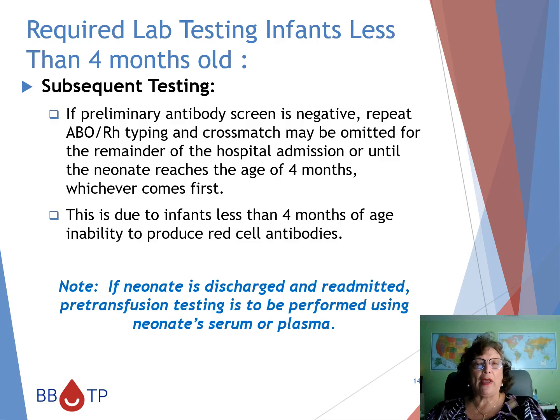And this is due to the fact that infants at 4 months of age or less have the inability to produce red cell antibodies. Now, one point to consider is if a neonate is discharged within the 4-month period, then when they are readmitted, you have to do pre-transfusion testing just like you would for a new patient.